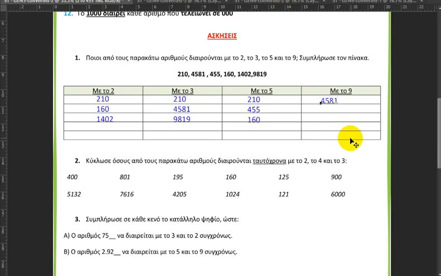Then 4 and 5 and 5 makes 14, which is not. 1, 6, and 0 makes 7, which is not. 1 and 4 and 0 and 2 makes 7, which is not. And then the last one made 27, so yeah. All right.